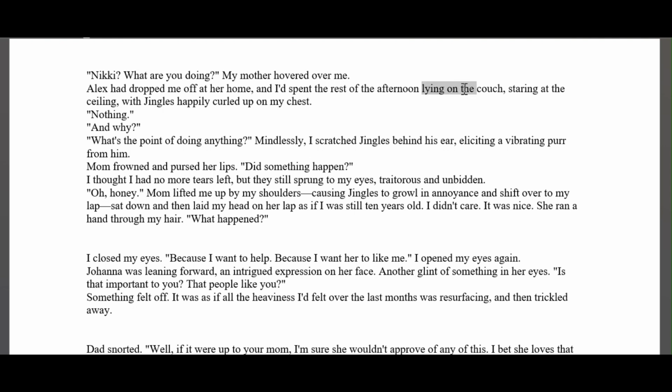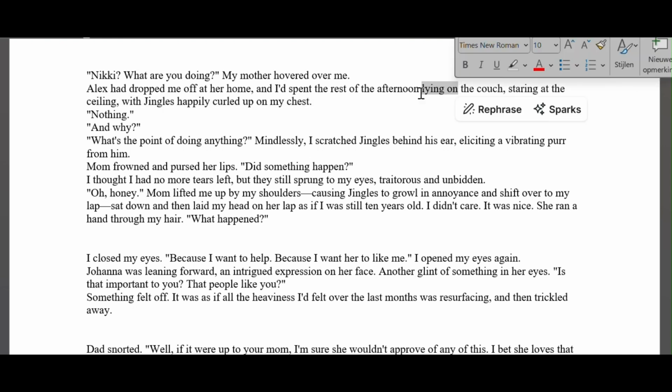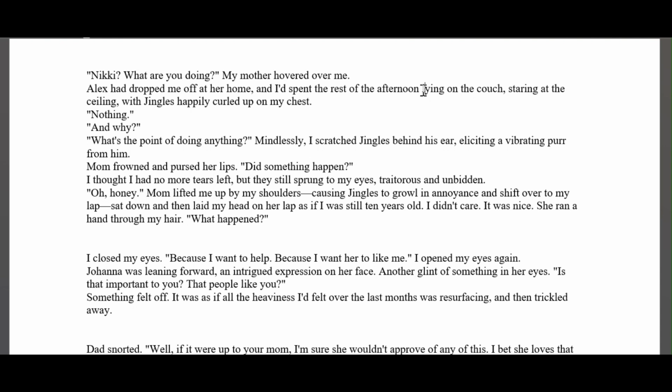But then the most issue I have is with "lying on the couch, staring at the ceiling," because yes, you can lie on the couch, but it doesn't really give us a very strong visual, and it doesn't really give us any kind of emotional valence. So let's try something else. And I'd spent the rest of the afternoon.